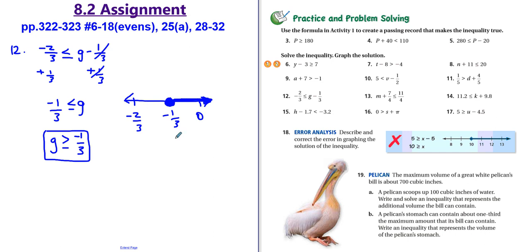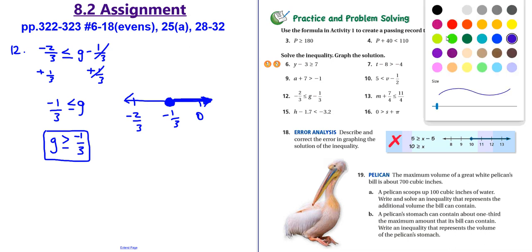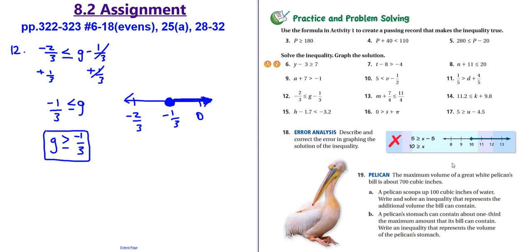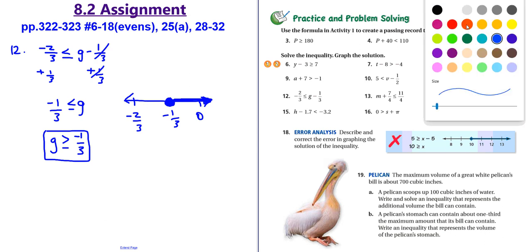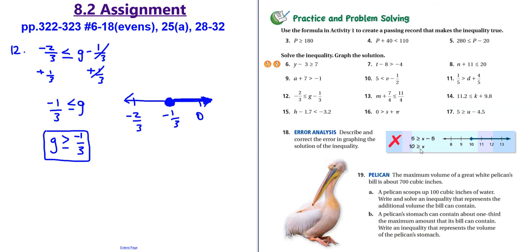Number 18, describe and correct the error in graphing the solution to this. If you add 5 to this side, you get a 10. But notice here, let me write on this one. If I were to write this with the variable on the left-hand side, so if x was on the left, the symbol opens away from x, and then I have my 10.